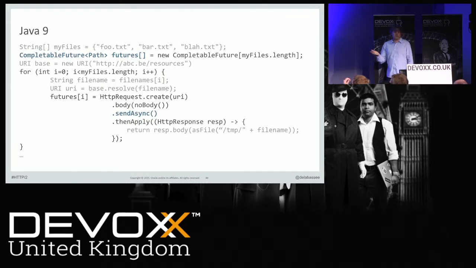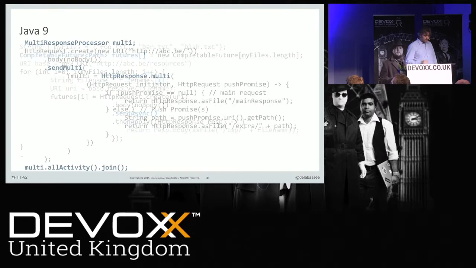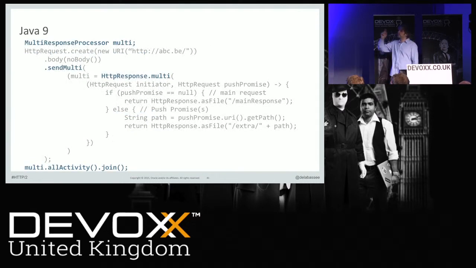It obviously has an asynchronous mode, the sendAsync method. In this case, what we get in return is a CompletableFuture of Java SE 8. It also has a sendMulti method, which is also async.